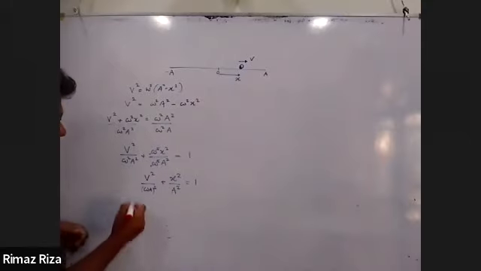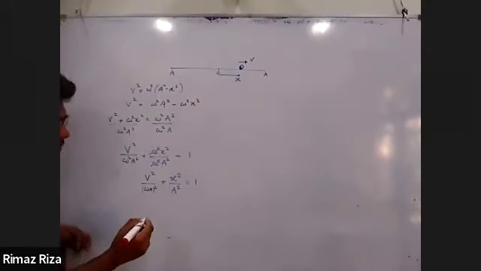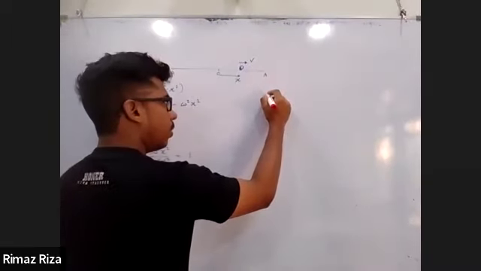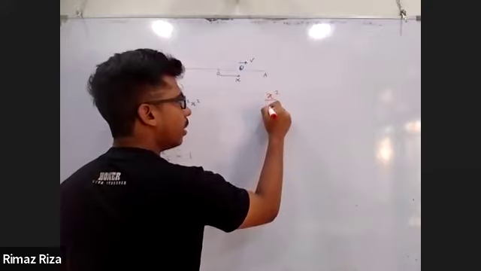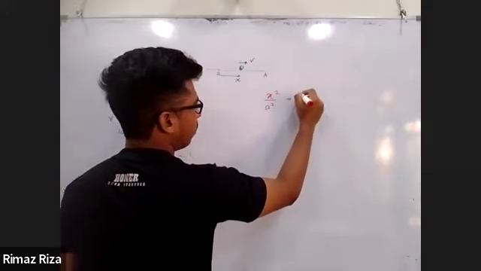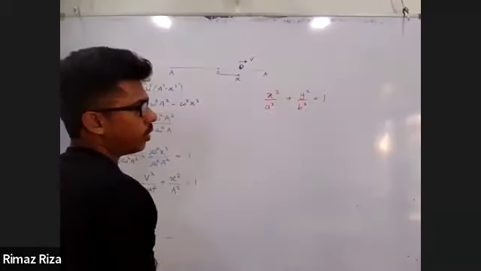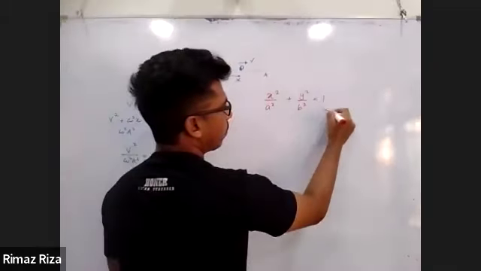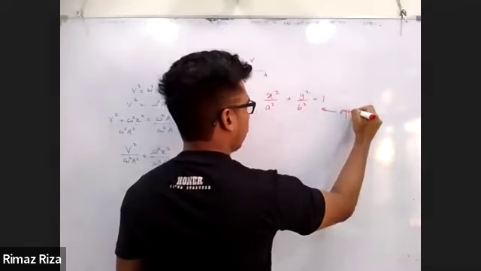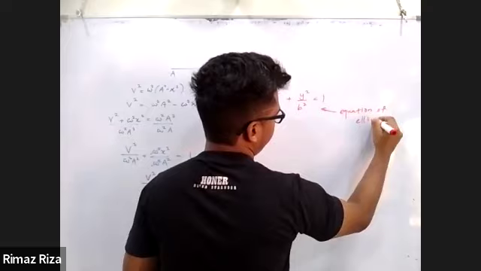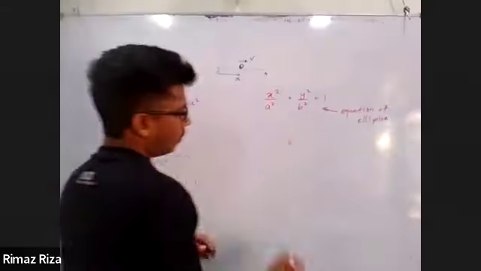And this equation is actually the equation of an ellipse. If you have the function x squared over a squared plus y squared over b squared equals 1, this is the equation of an ellipse.